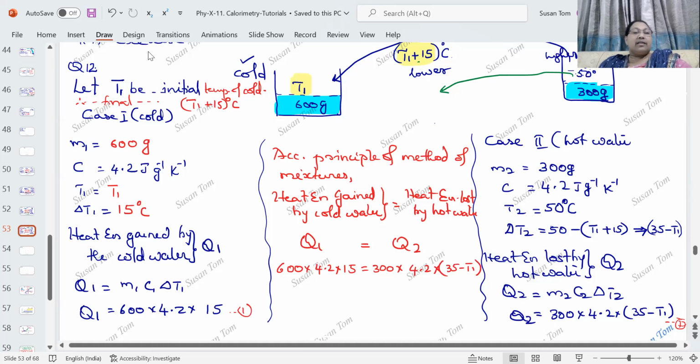Cancelling, if you want, directly 600 by 300 gives 2 here. 4.2 directly goes. 2 into 15 is equal to 35 minus T1.